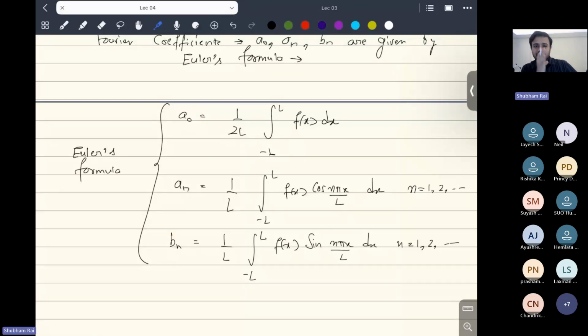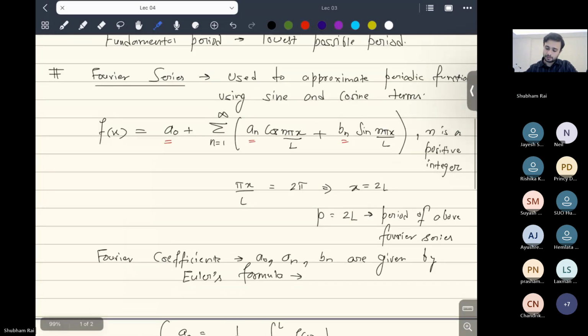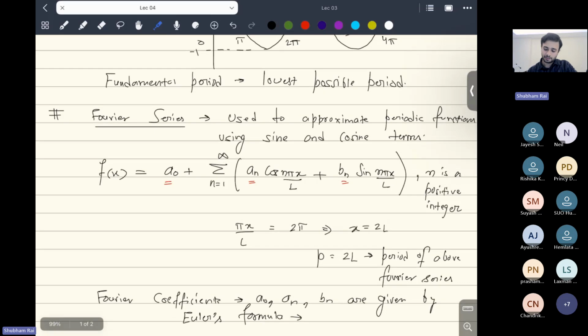Now the question arises, we had Taylor series as well. We used to express functions like sin x, cosine x using Taylor series. But Taylor series converts any kind of function into polynomial functions, and those are not periodic. So for periodic functions, Fourier series are better compared to Taylor series. Better approximations of periodic functions can be given by Fourier series.